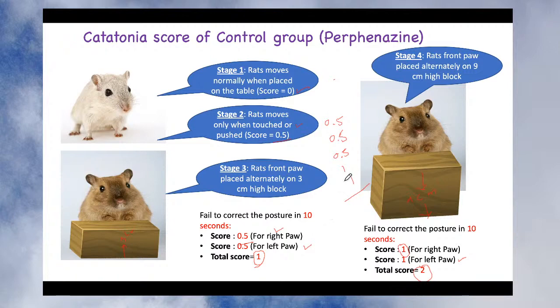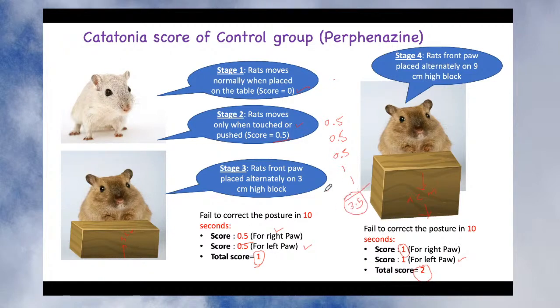The maximum score will be 1 plus 1 is 2, plus 0.5 is 2.5, then 0.5 more will be 3, and plus 0.5 will be 3.5. So the maximum score in case of very severe catatonia induced by perphenazine will be 3.5.